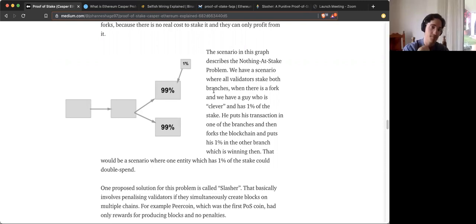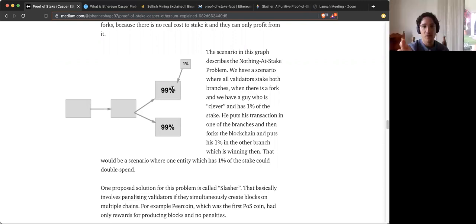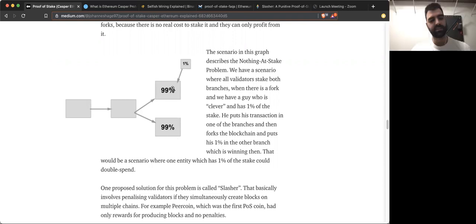I'm the attacker. I decide to not vote until I spend on one of the chains, and then I vote for the opposite chain. So this 1% means you have a 1% chance of picking the next block? Yes, exactly. Right. So I control 1% of the locked Ether. So I can send that Ether away here, and then mine on this chain, and then that grows.